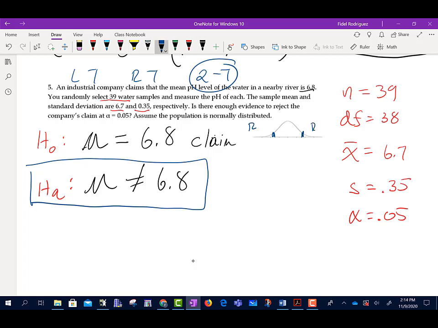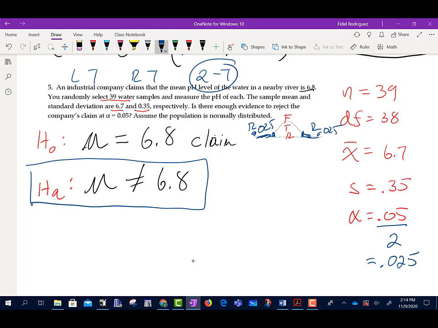These are going to be my rejection regions, and the one in the middle is going to be my fail to reject. Now we've got to figure out the alpha here and the alpha here. I've got to take this number and divide it by 2, so it's going to be 0.025. That'll be the area in that piece there and in that piece there.